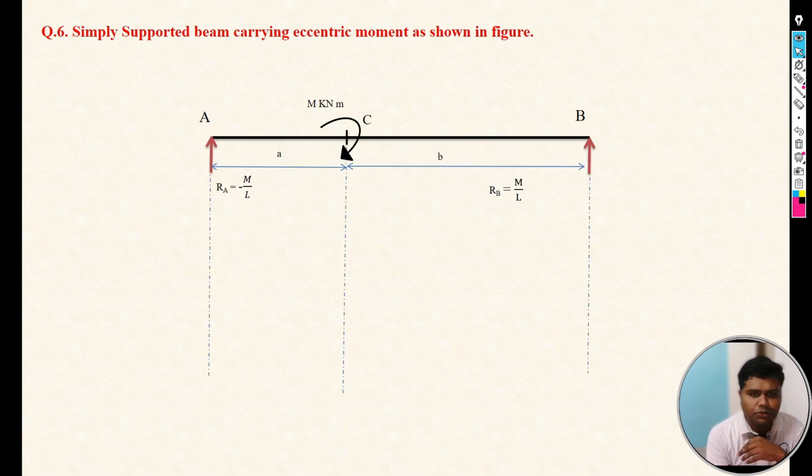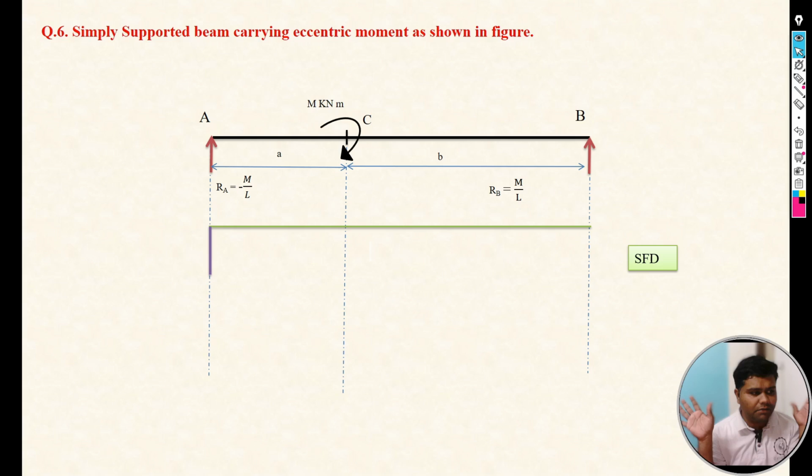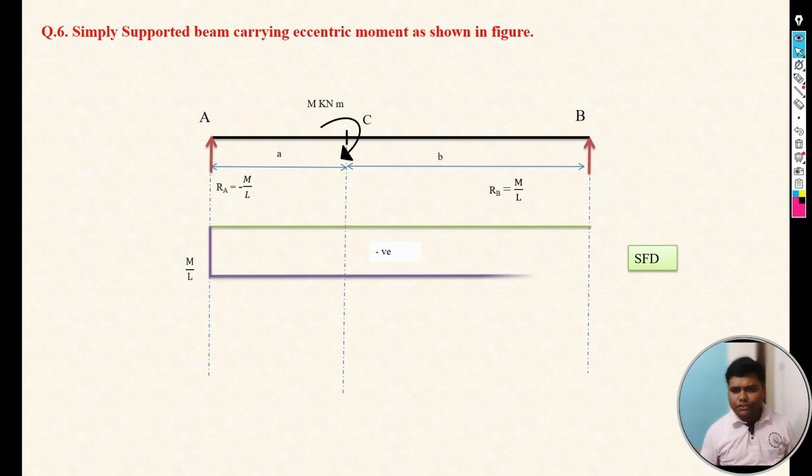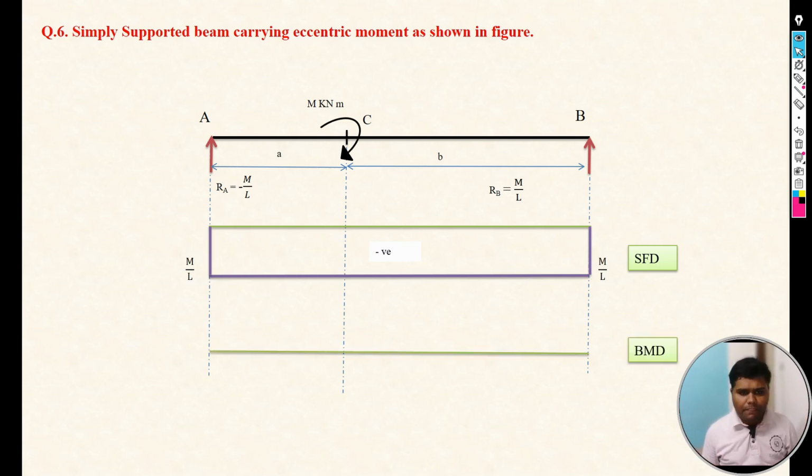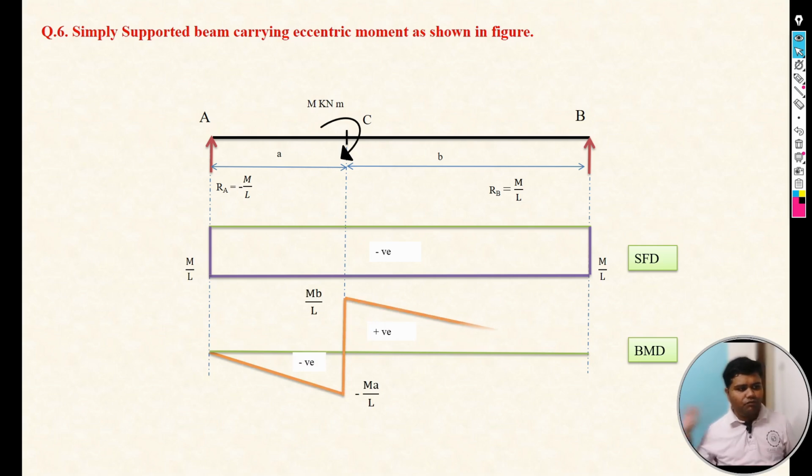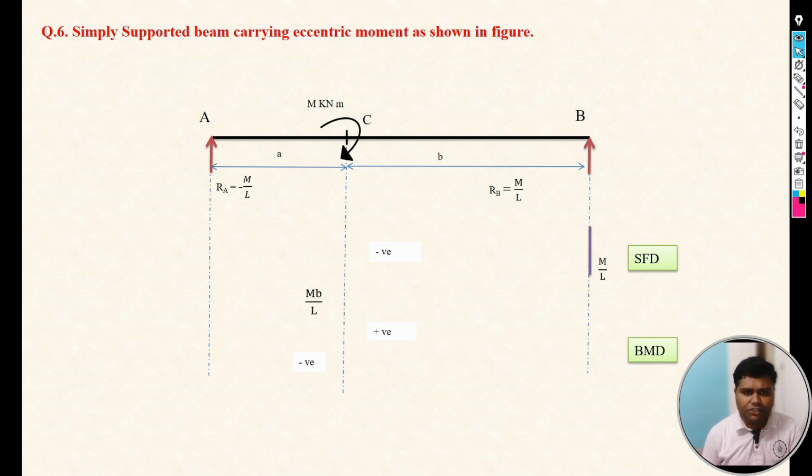So let's say this is our shear force diagram, the same shear force diagram as we discussed in the last statement, not video. And this is the bending moment diagram. So we have to follow this. I hope you understood how we can solve the bending moment and shear force diagram.